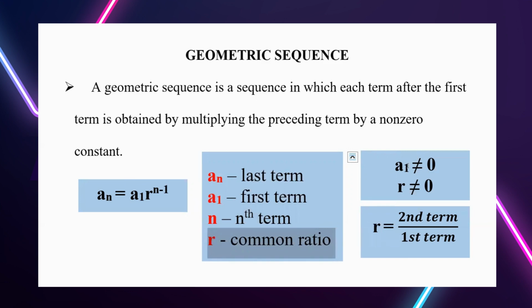And lagi nating tatandaan na ang first term must not be equal to 0 and the common ratio must not equal to 0. Paano nga ba natin malalaman o makukuha ang common ratio?